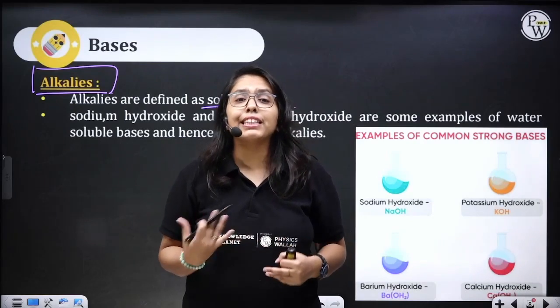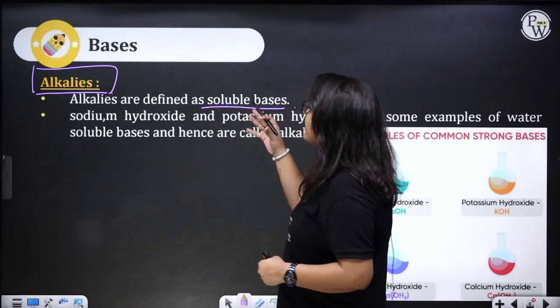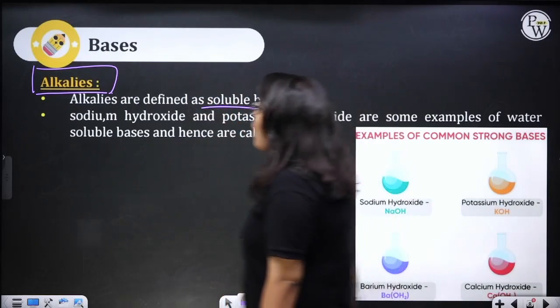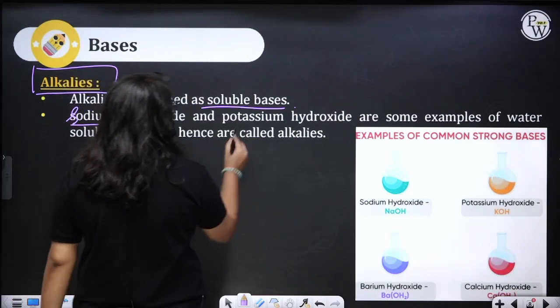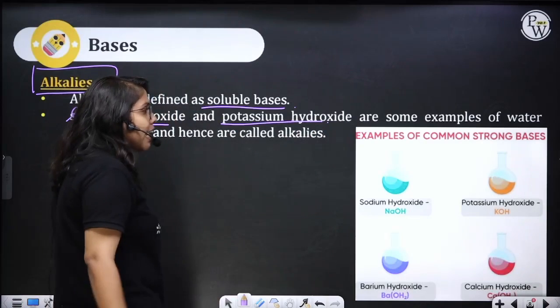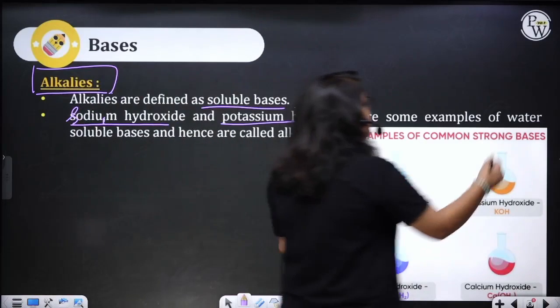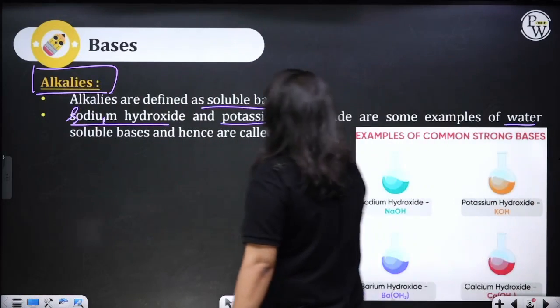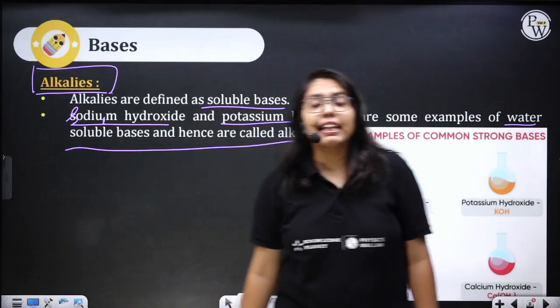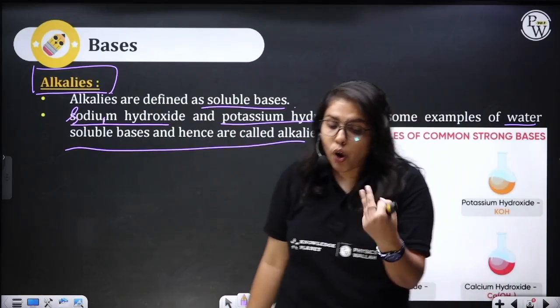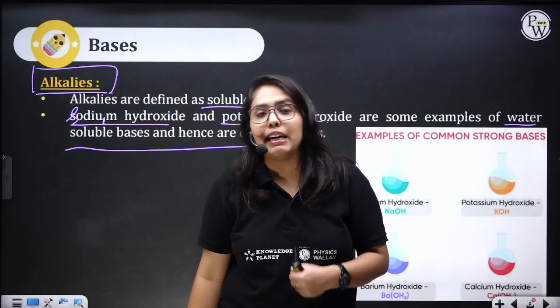Such bases are known as alkalis. Sodium hydroxide and potassium hydroxide are some examples of water soluble bases, and that is perhaps the reason why they are known as alkalis, so much so that they are also known as alkali metals.